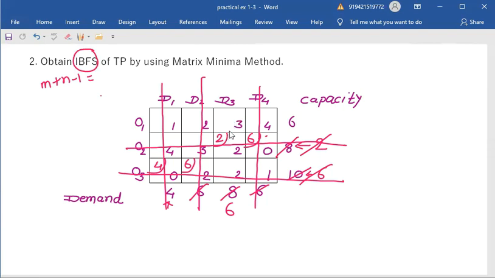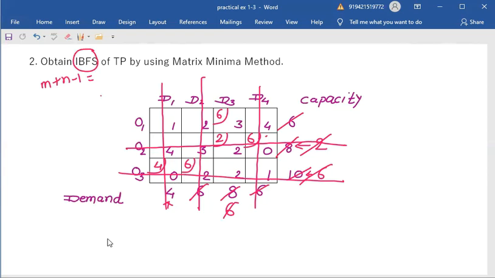Now only one cell is left, and again the requirement is 6, available quantity is 6, so we allocate the maximum possible quantity in this cell. So demand is satisfied and supply exhausted. So again we find that there are 5 positive allocations, but m plus n minus 1 is 6. So we do not get a basic feasible solution using the matrix minima method.